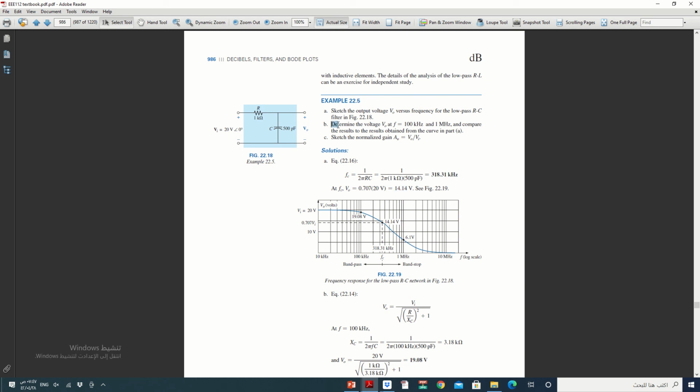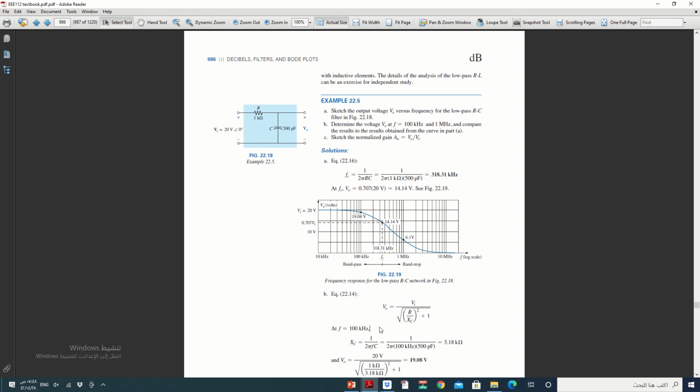Part B: determine the voltage V out at frequency 100 kilohertz and 1 megahertz, and compare the result to the results obtained from the curve in part A. We notice that 100 kilohertz is less than cutoff frequency, and 1 megahertz is more than cutoff frequency.